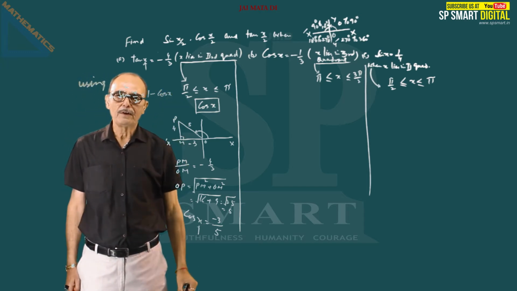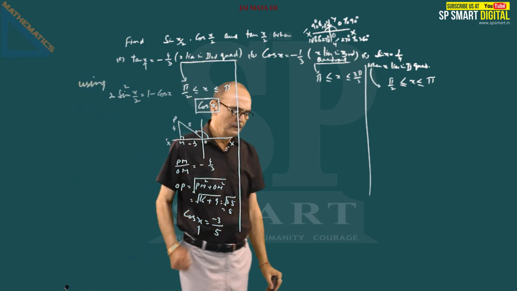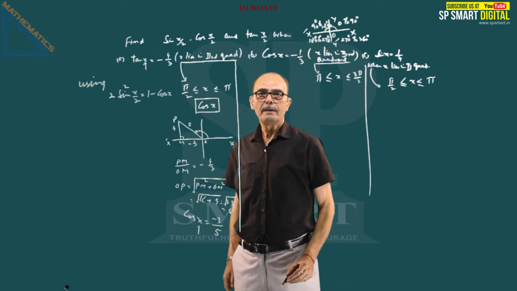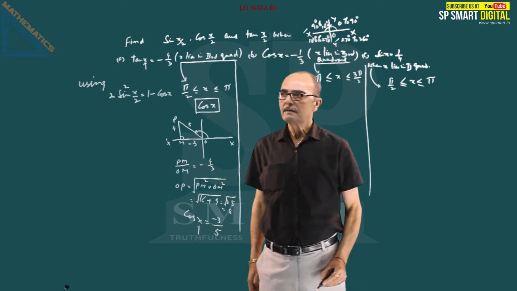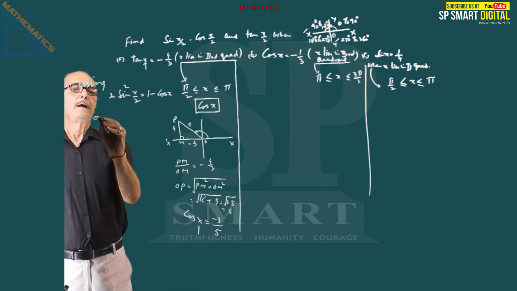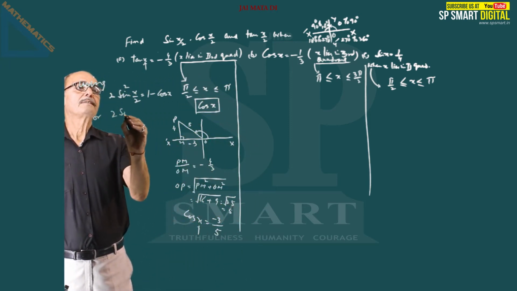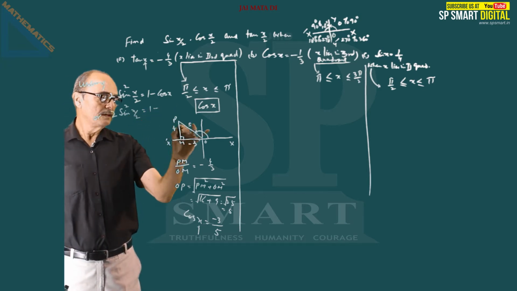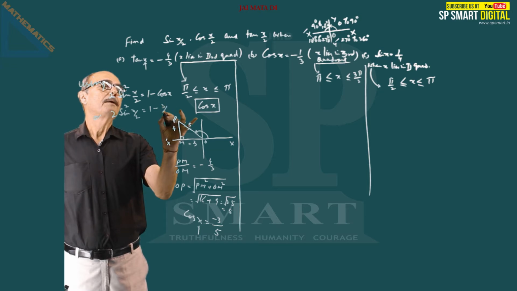This is a formula which we have already discussed under the heading of trigonometric ratios of submultiple angles. So 2 sin square x by 2 is 1 minus minus 3 by 5.